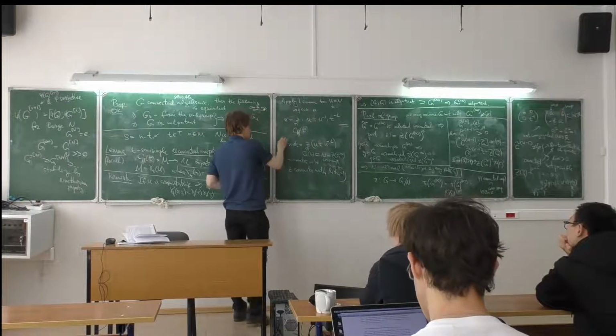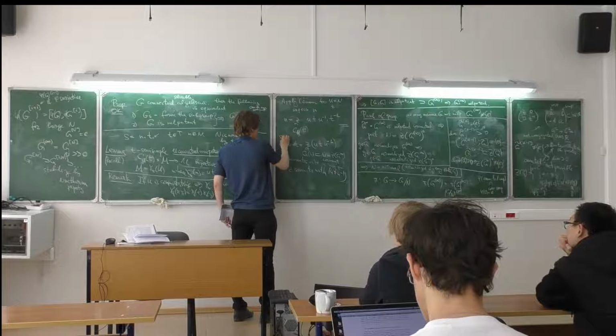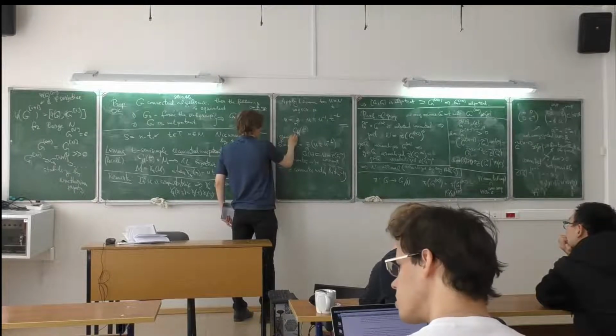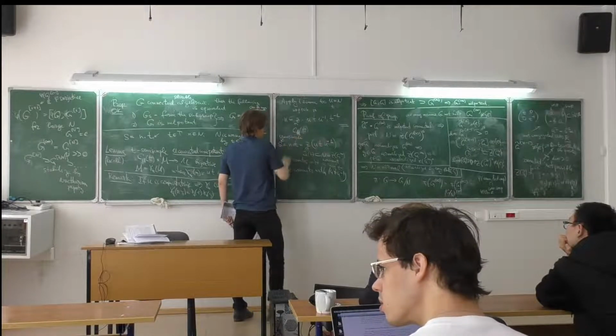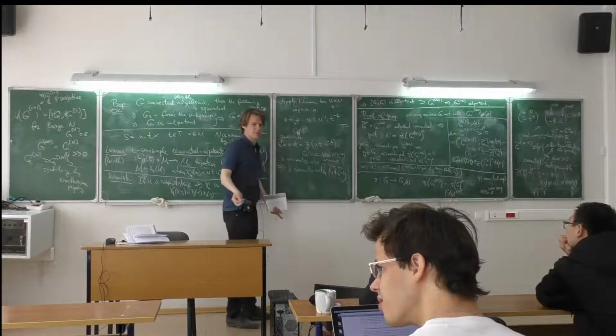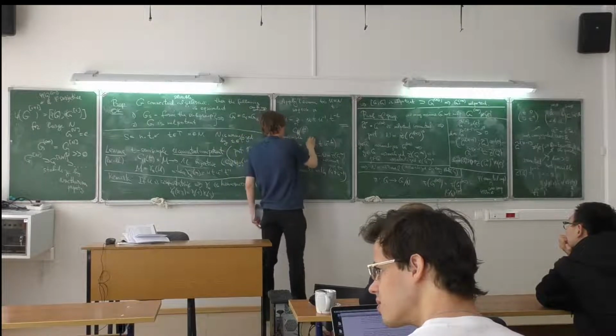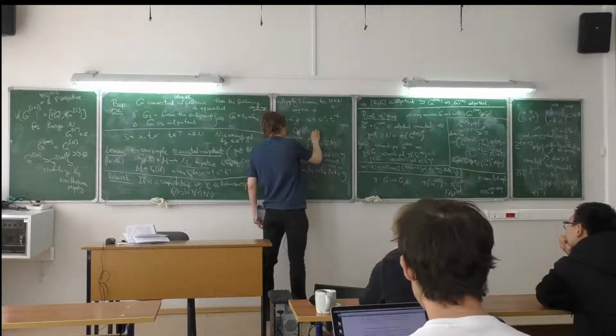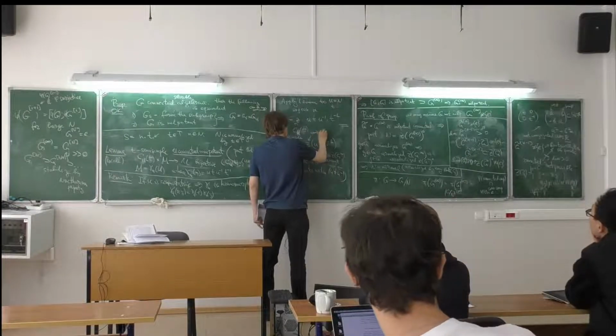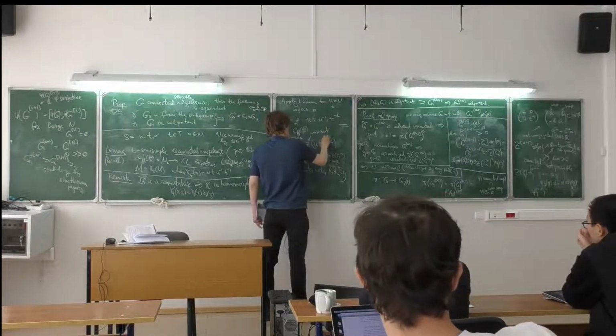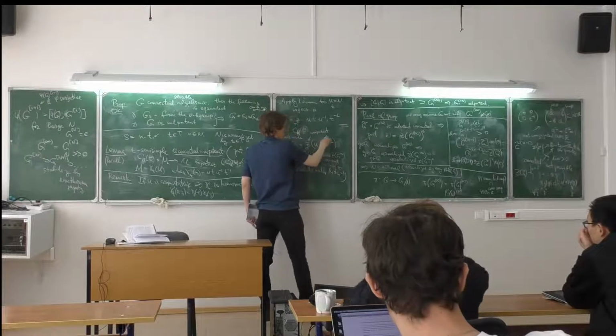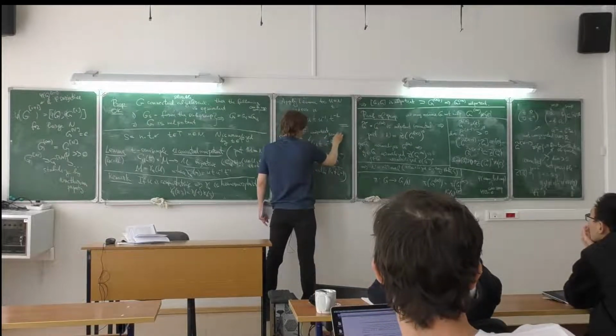So what you have? You have here a semi-simple element, and it's not surprising I shall use Jordan decomposition, because this is unipotent. This is semi-simple. It is a conjugation of a semi-simple element.